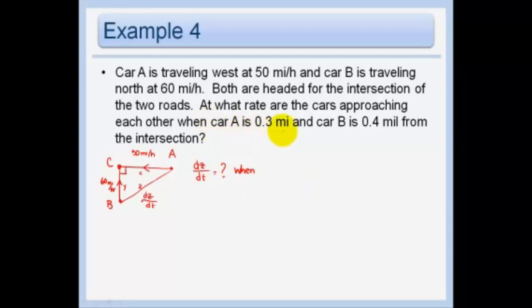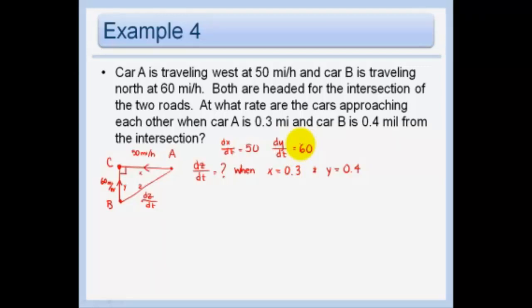When car A is 0.3 miles, so that's our x, when x is 0.3 and y is 0.4. We know that dx/dt is 50 always, and dy/dt is 60 always.